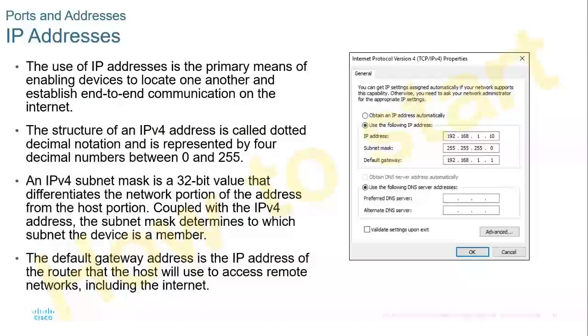Moving on, we're going to talk about how to configure our end devices with ports and IP addresses. So again, IP addresses are outside the scope of this video, so let's just assume we're given our IP addresses and we can issue them manually. If we're talking with Windows 10, we'd go to our network configuration and we would use the following addresses, and you'd manually type in the addresses.